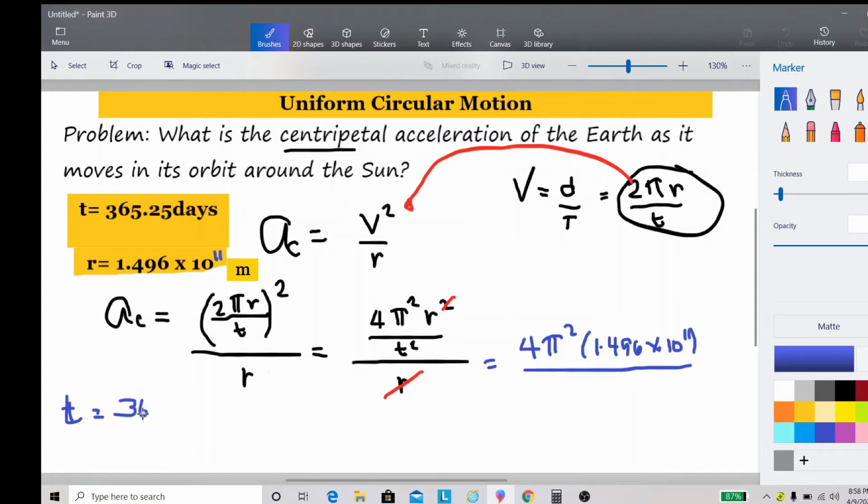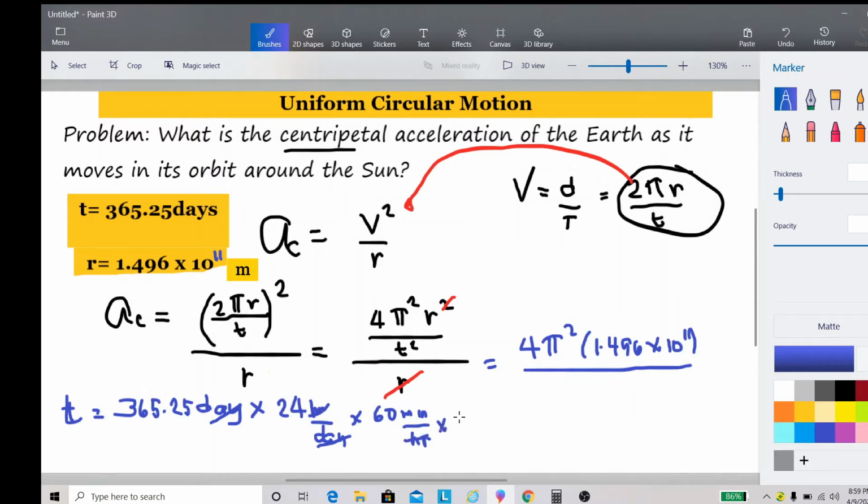T will be equal to 365.25 days times 24 hours per day, and we cancel out the days. After which, we multiply that again by 60 minutes per hour, so we are now in minutes, and the minutes per hour cancel out.